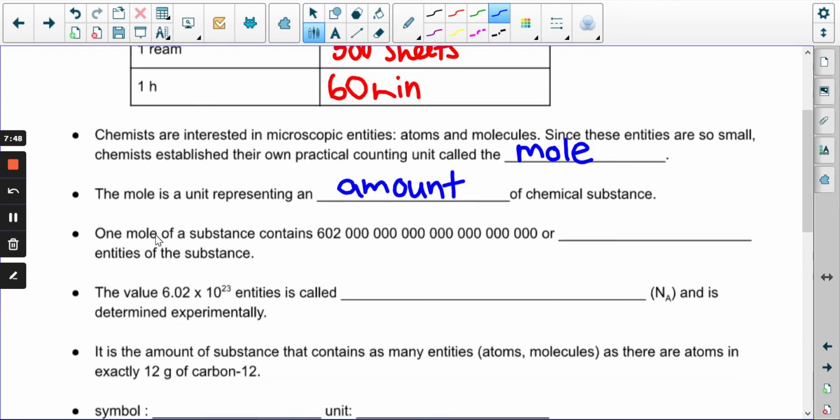So here's an example. 1 mole of a substance contains 602, this number is crazy big, 23 zeros, 23 decimal places. This is known as 602 sextillion. It's a huge, huge, huge number. So again, working with huge numbers, that can be challenging.